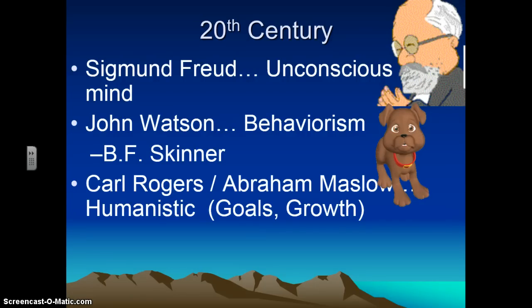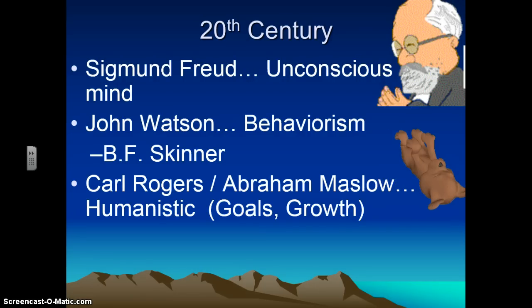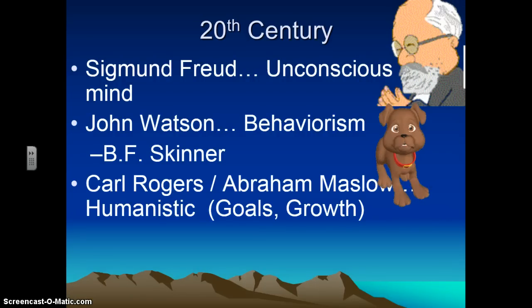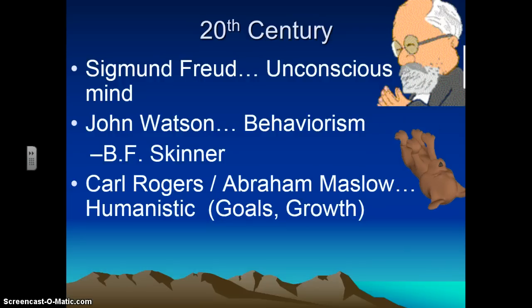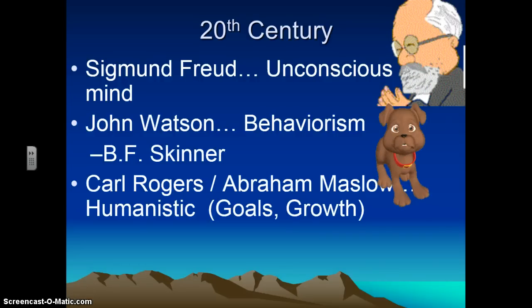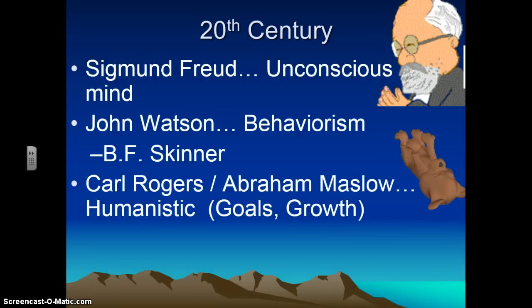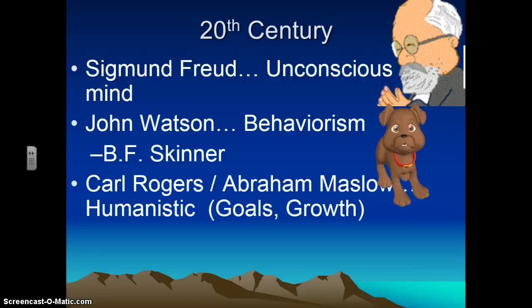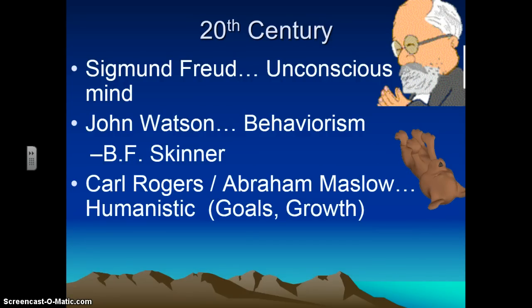We set goals and we try and attain those goals. We try and grow as much as we can as a person. And it's those things, those goals, and that desire for what they call self-actualization, when we can become the best person we can be. It's that desire that guides our behavior and is very instrumental for us. Okay?